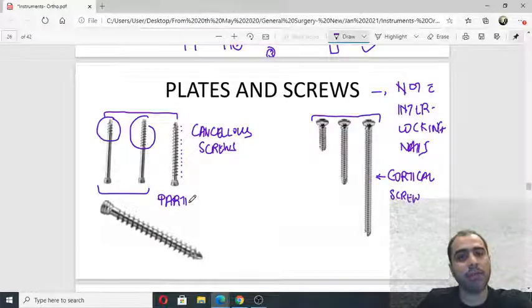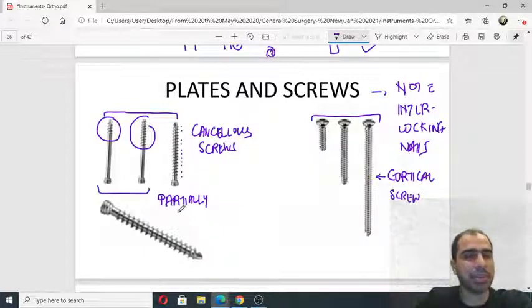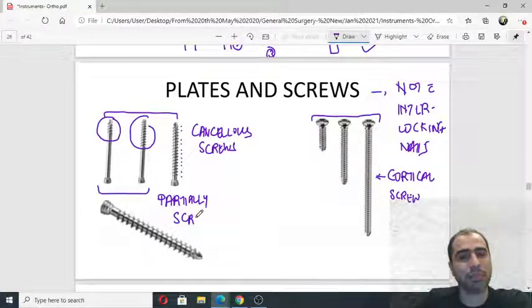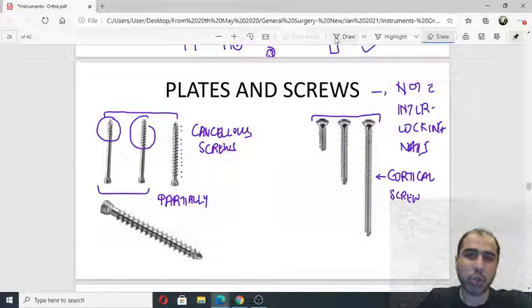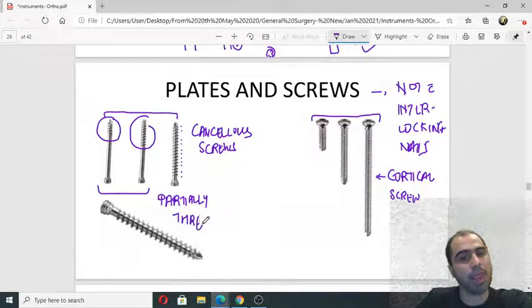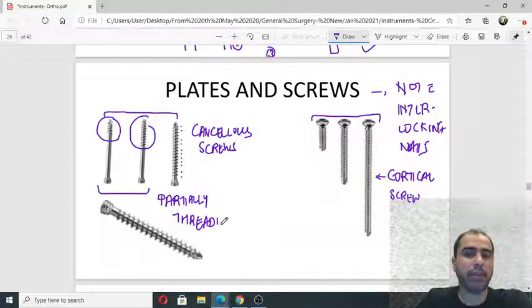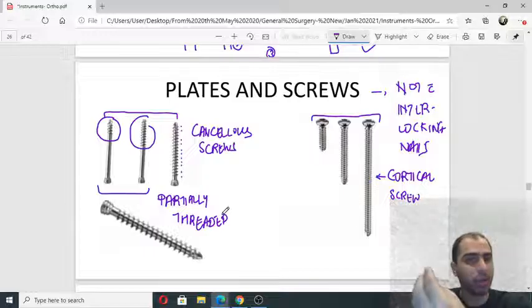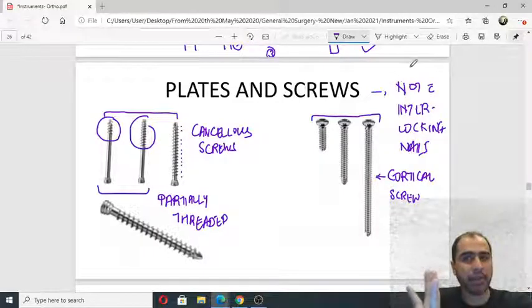If they give you anything which is partially threaded, you can call it a cancellous screw. That means the examiner is trying to help you. Cortical screws by and large are completely threaded. But if only one screw is given, it is difficult to differentiate the two. I'll tell you the difference, but it is difficult to identify.